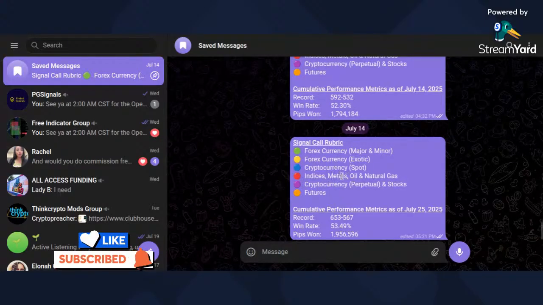We trade precious metals: gold, silver, platinum, and palladium. We trade US oil and UK oil and natural gas. Purple trades are perpetual cryptocurrency pairs. These are cryptocurrencies versus Tether, USDT, and stocks. And we also trade futures.